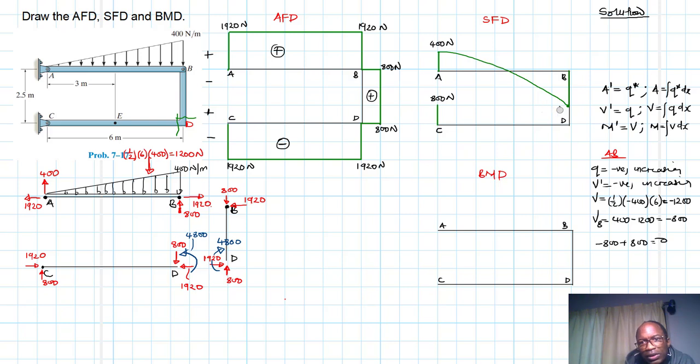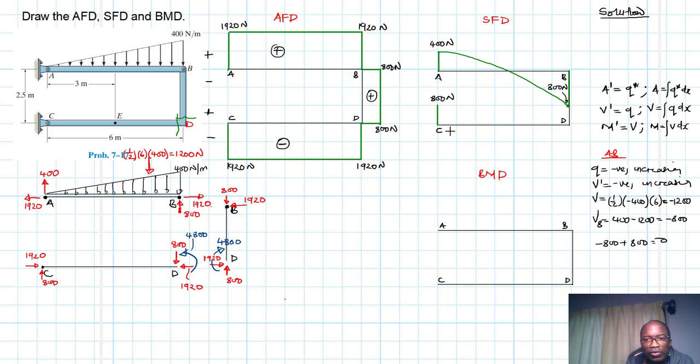Where will I put it? Okay, I'll put it somewhere else. Can I put it inside here? 800 newtons, and then I put an arrow to say this one here. Okay, I think it's visible. I hope so.